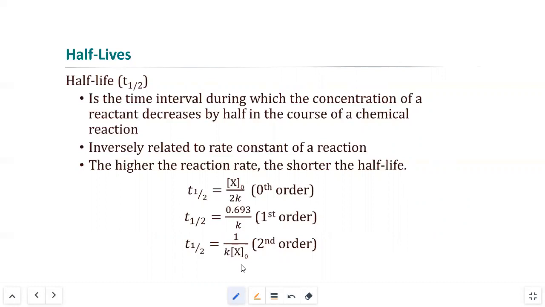Now, for first order reactants, we can see that the half-life of those reactants has nothing to do with their initial concentration. In fact, this 0.693 number is actually the natural log of 2.